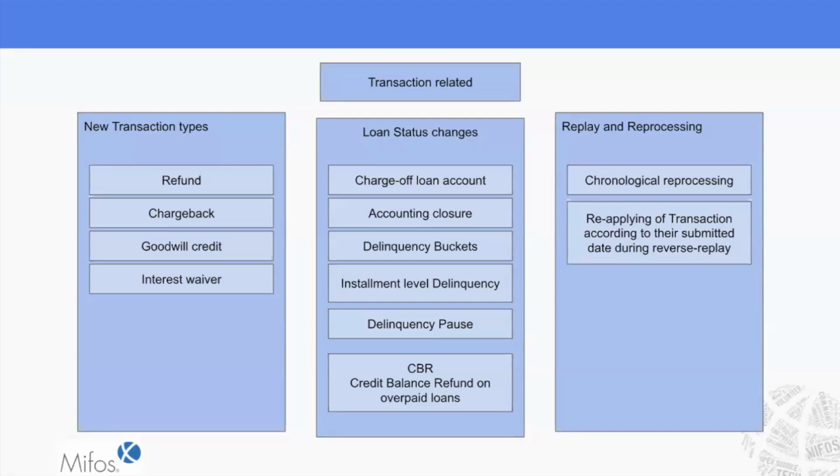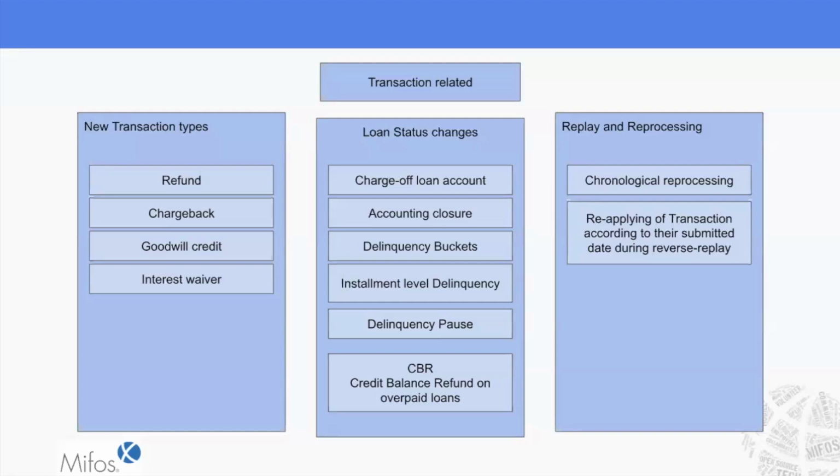And delinquency bucket. For defaulted loans or overdue loans, the customer can now configure their own custom delinquency buckets at the loan level, and at the end of the day the system will calculate and display which bucket a particular overdue loan falls into.